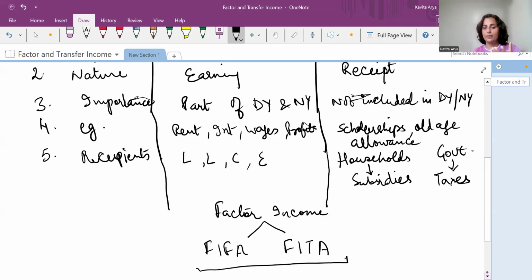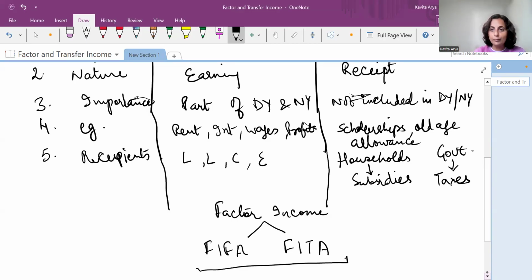Whereas all the incomes which are generated within the domestic territory of India, but by the normal resident of some other country. So they are earning from here and that would be sent to some other country, that would be a part of national income of some other country. So that would be factor income to abroad.